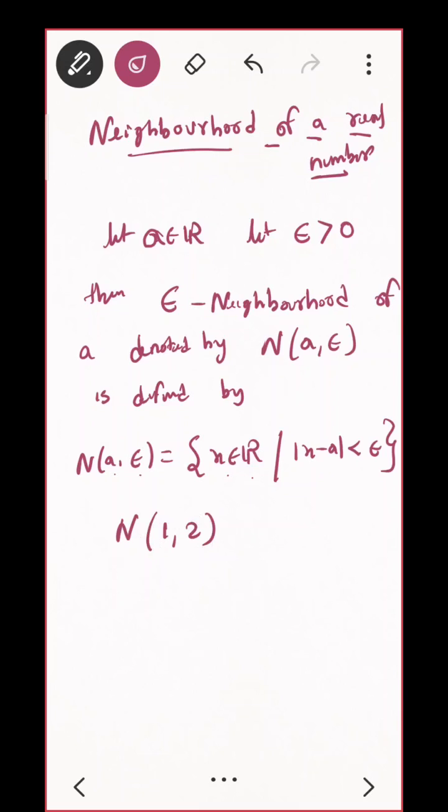Can you tell me? Perfect. Mod of x minus 1 is less than 2. Can you solve that? You know the property of mod, that if mod x is less than k, then minus k is less than x is less than k, correct? We just did the same thing, we solved it just now, this was probably the same question.